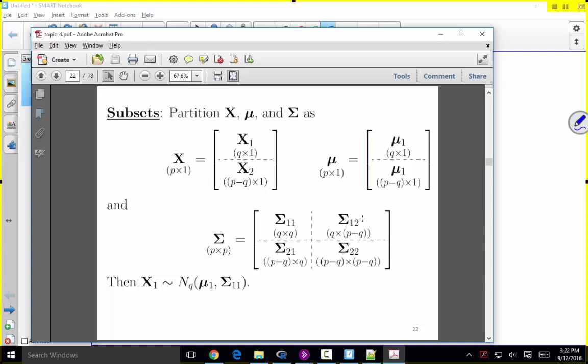Notice that these off-diagonal covariance chunks don't have to be square. If we pick Q to be 2 and P minus Q to be 3, for example, then sigma 1,1 is 2 by 2, sigma 2,2 is 3 by 3, and so sigma 1,2 is 2 by 3.